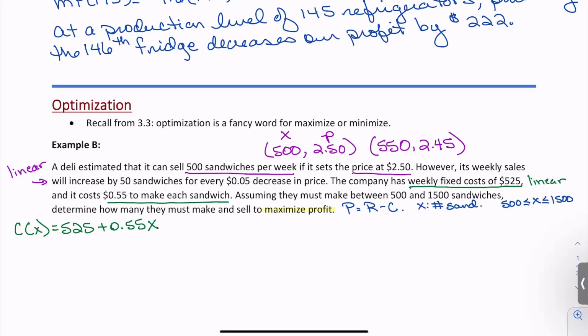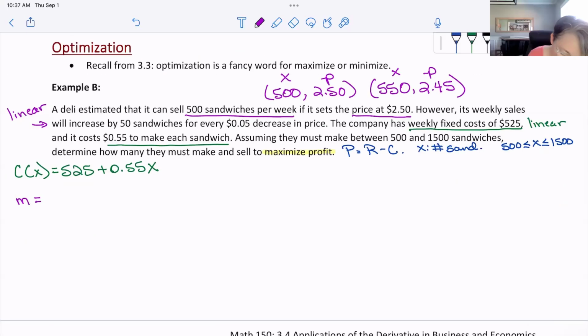So let's go ahead and find that linear equation in reference to price and quantity. We're going to take 2.50 minus 2.45 over 500 minus 550. So that gives us a slope of negative 0.001. And it doesn't matter which equation we use, the point-slope or the slope-intercept.